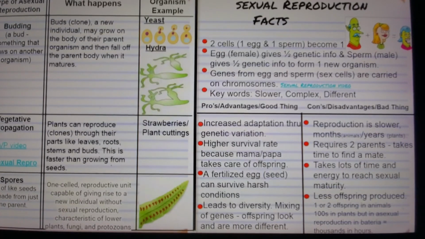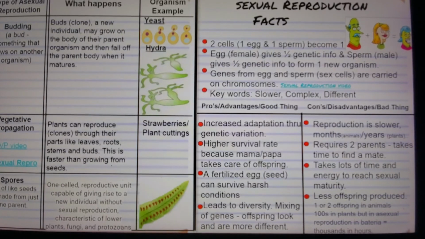And there are fewer offspring. You might get one to two offspring in animals and maybe hundreds in plants, like a ton of seeds. But in asexual reproduction, for instance bacteria, you can have thousands within hours. So some of the cons of sexual reproduction, again, are that it's slower, it takes two parents, and that takes energy.